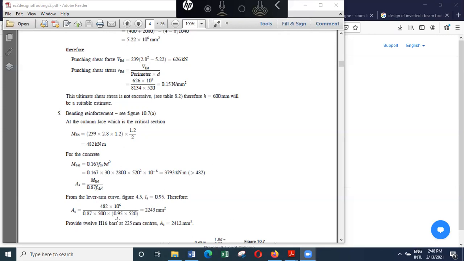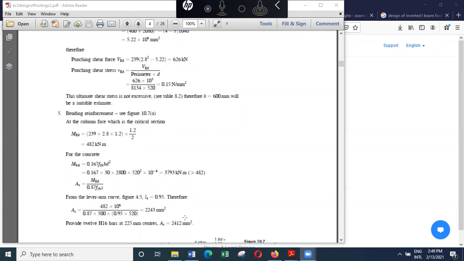So because of that, you might be able to manage with 12 bars. Sometimes you might need 13 bars as well. So anyway, the area provided is 2412, and then you have to see whether it satisfies the minimum requirement, and that is 2100.